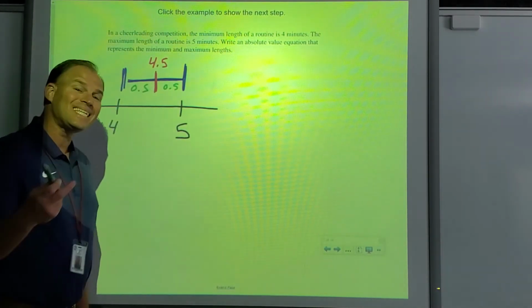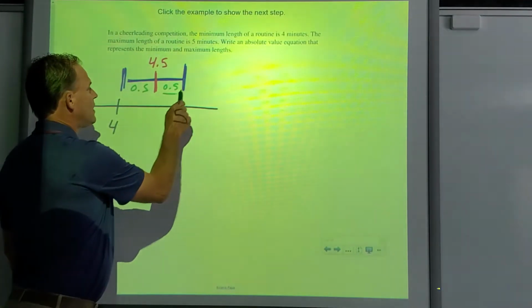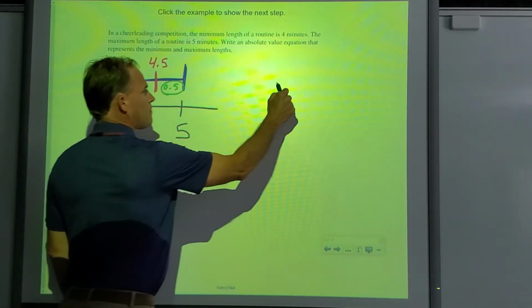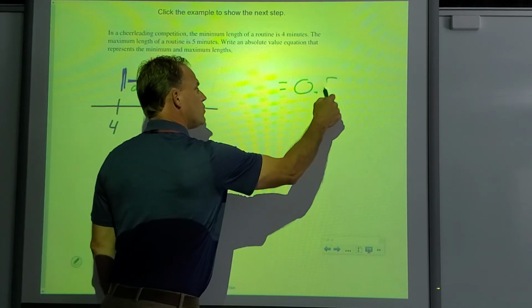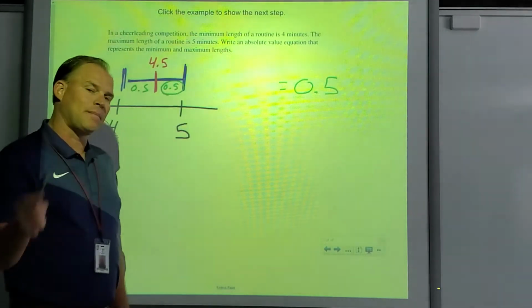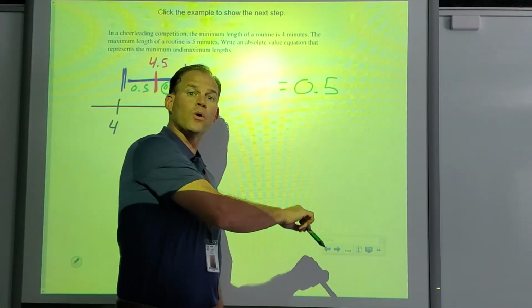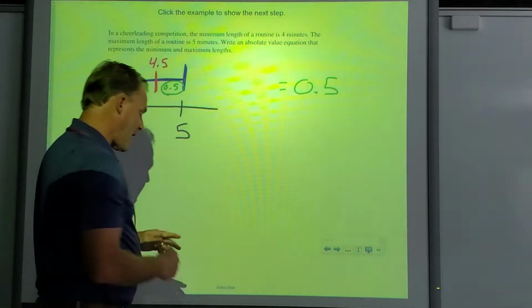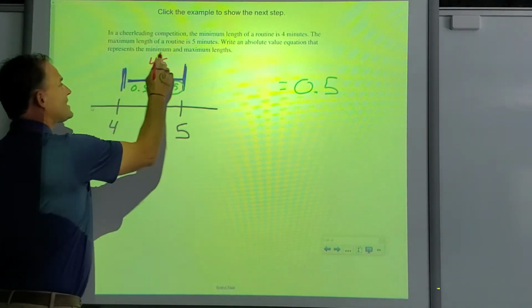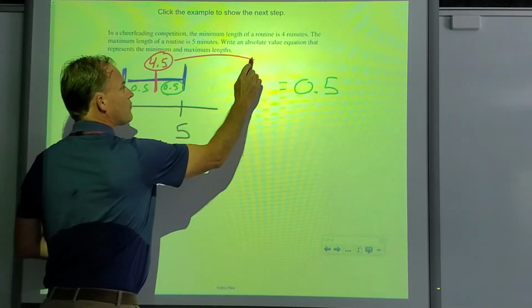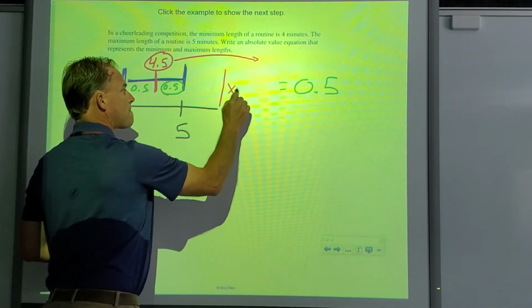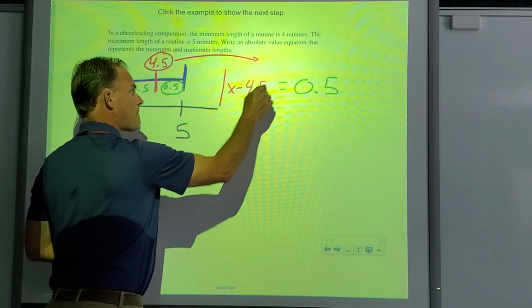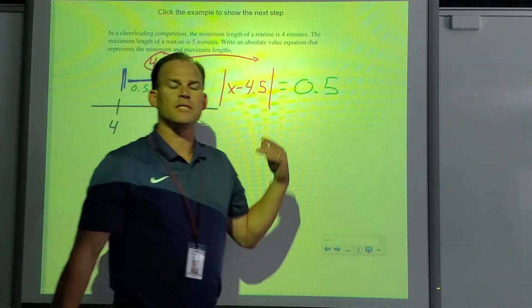So the distance in this case is what I'm equal to. Now, I'm not going distance from 0 here because I've got an interval between 4 and 5. So I do distance from the midpoint. That's my equation.